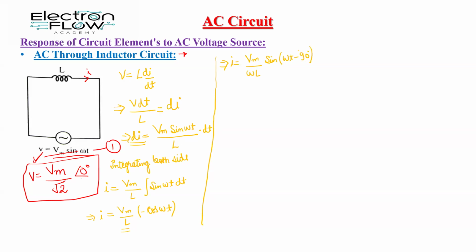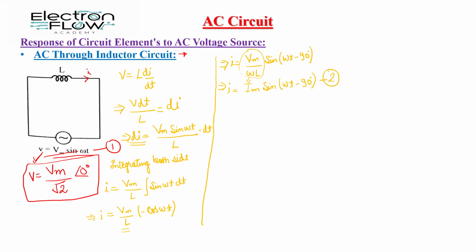Or the value of the current is equal to Im sine omega t minus 90 degree. This is our equation number 2.